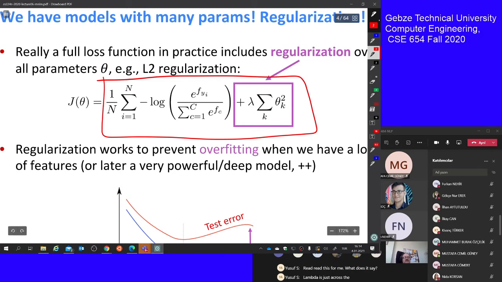Read lambda as like 1, ignore lambda. It says to take all the parameters of the neural network and sum the squares of the weights.